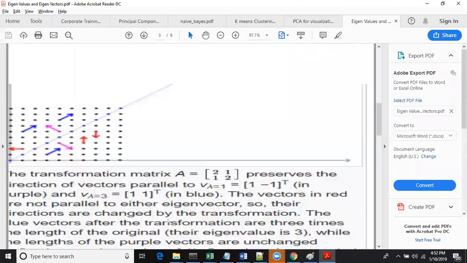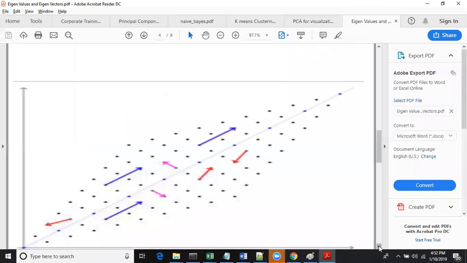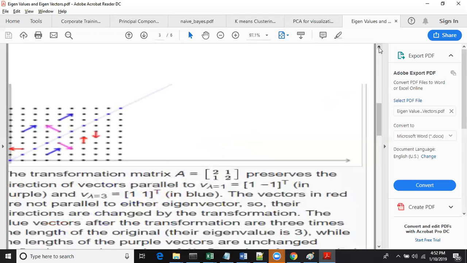The blue vectors after the transformation are 3 times the length of the actual value. So the eigenvalue is 3, while the length of the purple is unchanged. So if you see, the purple is unchanged, so it is the same. But the blue is transformed and its length has been increased 3 times. So the eigenvalue is 3. And eigenvectors are those which do not change direction.